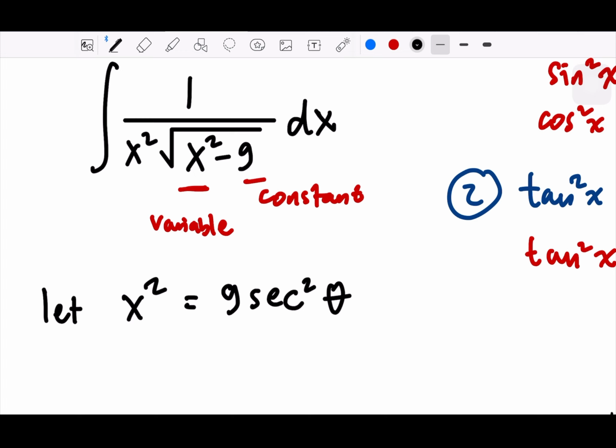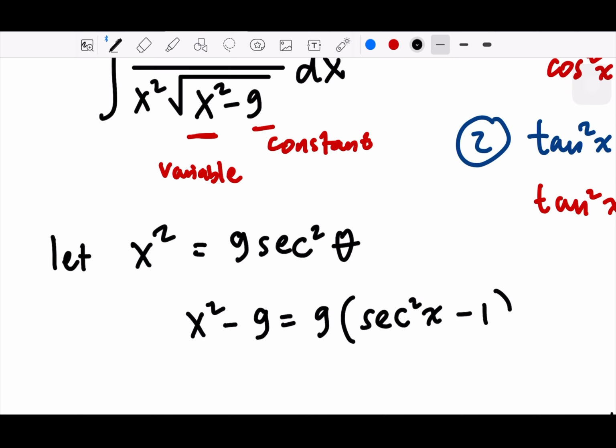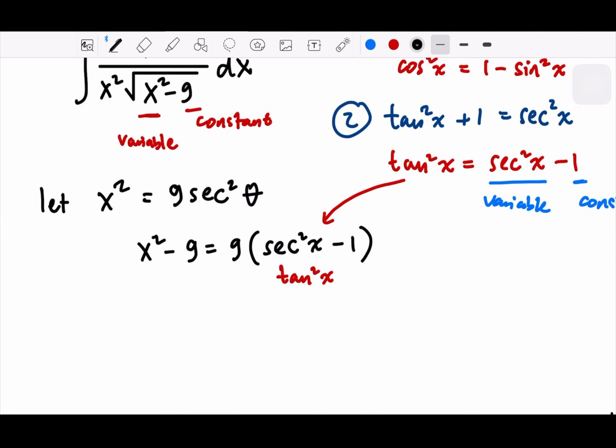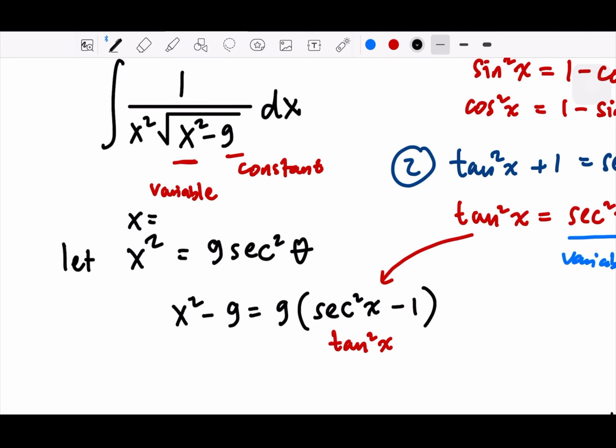So if we let this x squared become 9 secant squared theta, then we can write this with this, right? Okay. And then we can relate the secant squared minus 1 with the tangent squared. So if we let x squared be 9 secant squared theta, or x is 3 secant theta.